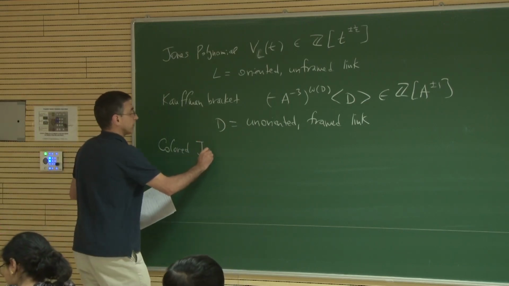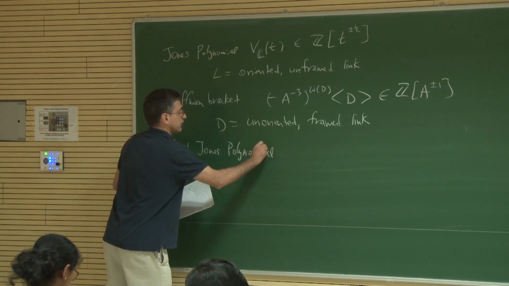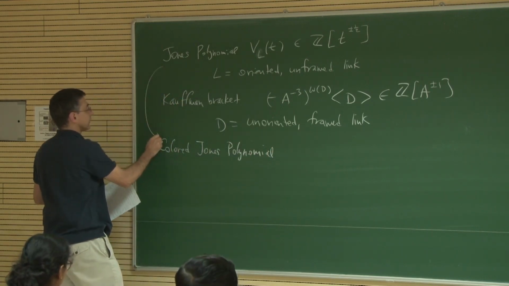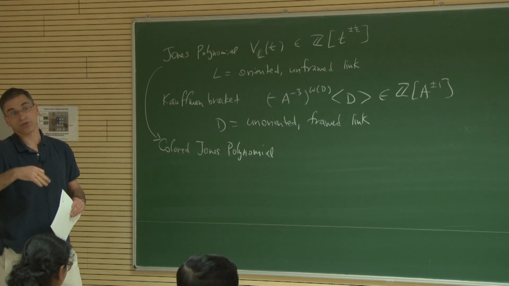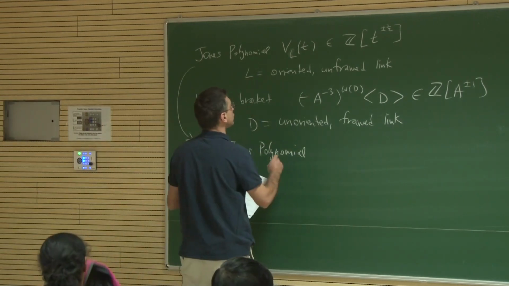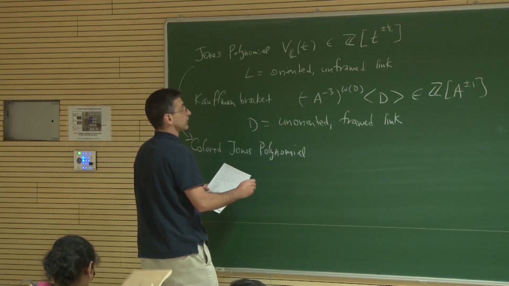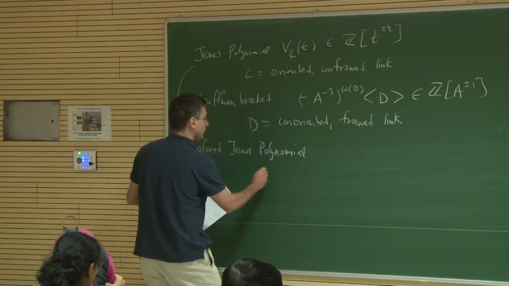But if we want to see the Jones polynomial as a colored Jones polynomial, so the Jones polynomial is one of the colored Jones polynomials, then the notation is usually changed a little bit, and the notation is the following. The skein relation here is different.